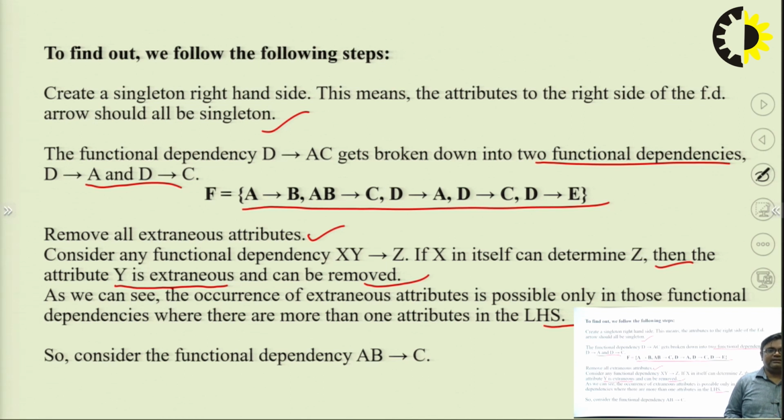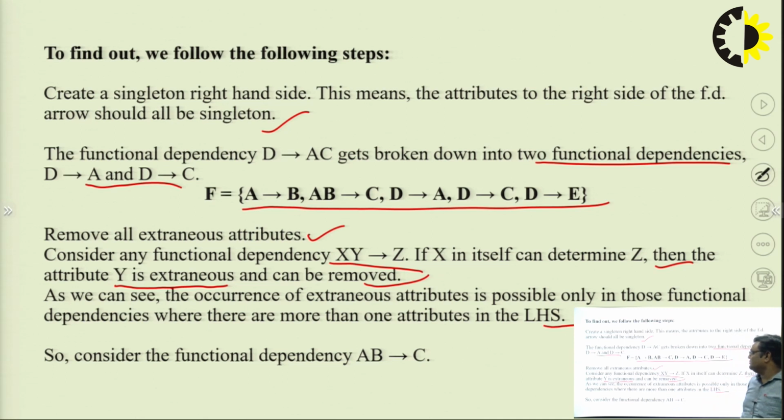If one attribute is on the left hand side, it is rarely extraneous, but in combined form, if the left hand side is not single, it is possible, like we have seen here, Y is extraneous.